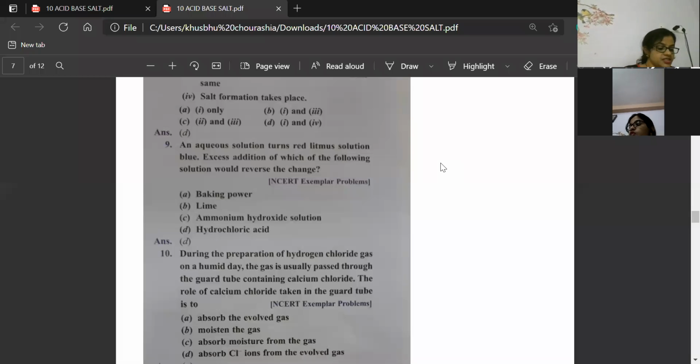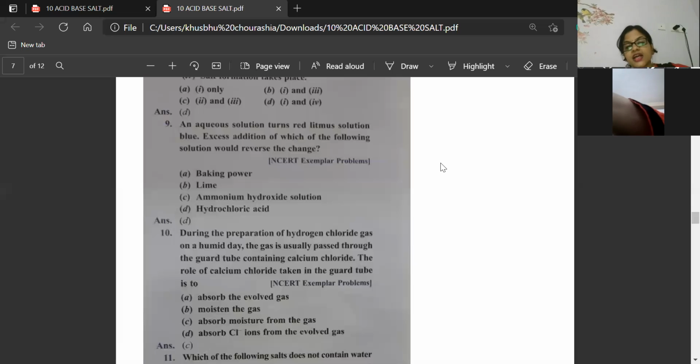Which one do you feel is correct? The correct answer is C, because it will absorb moisture from the gas. That's why it is added.